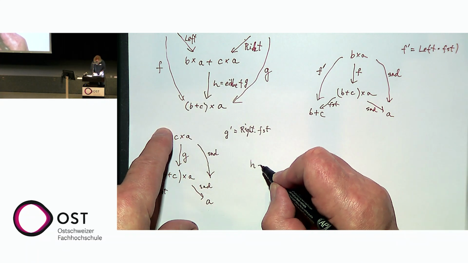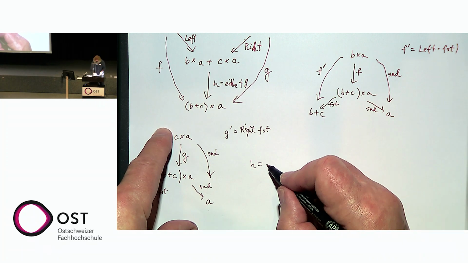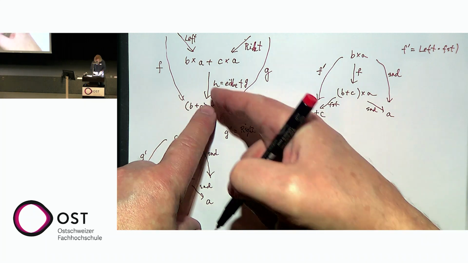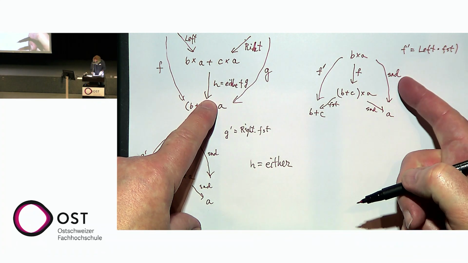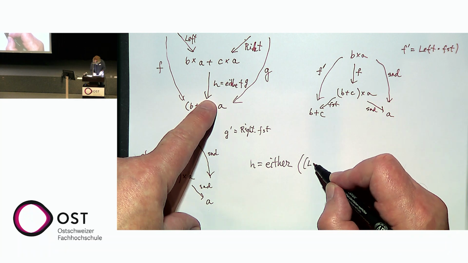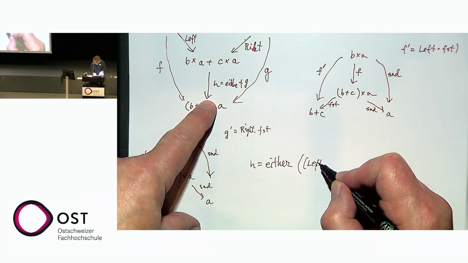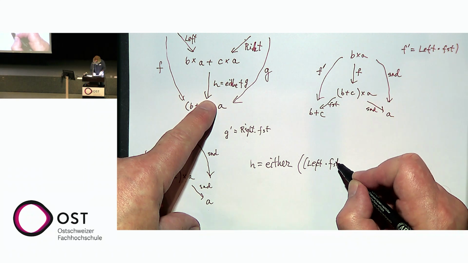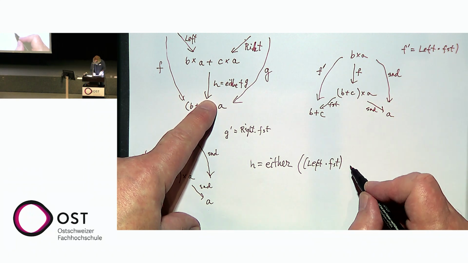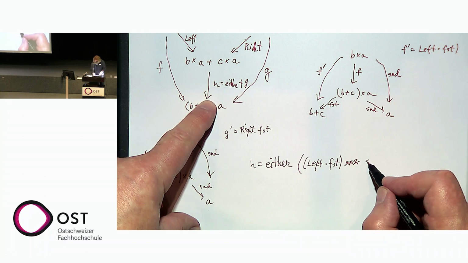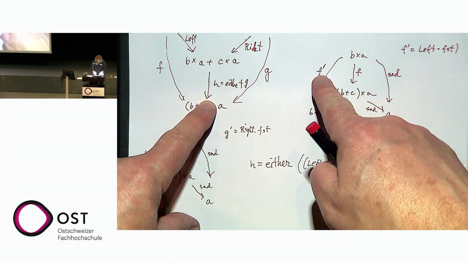So H is equal, if I retrace my steps, it's either one function. This is left after first, triple ampersand, and second, right?